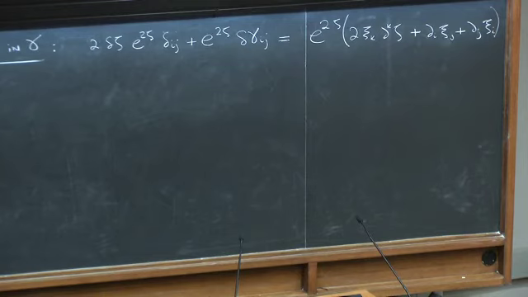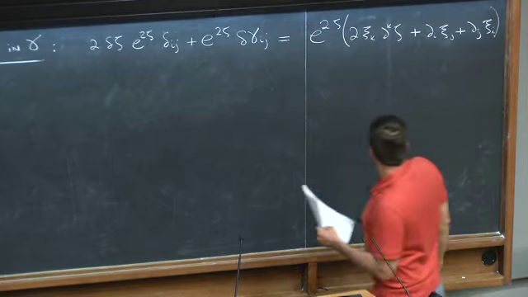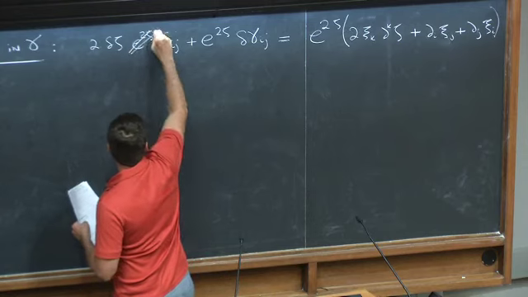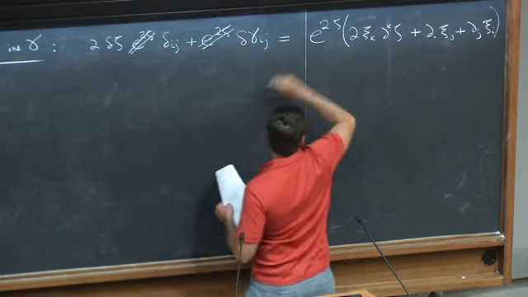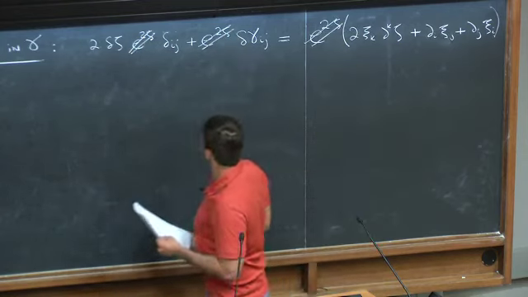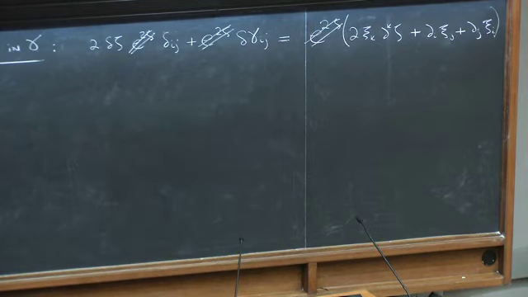Does that make sense so far? Yes? Okay, so the factors of e to the 2 zeta cancel across the board, and this is our final statement.